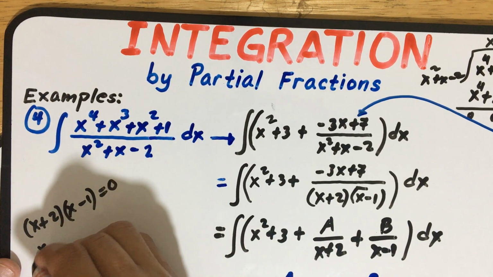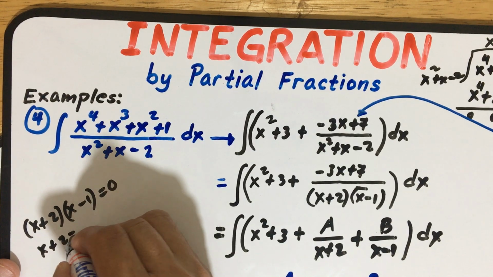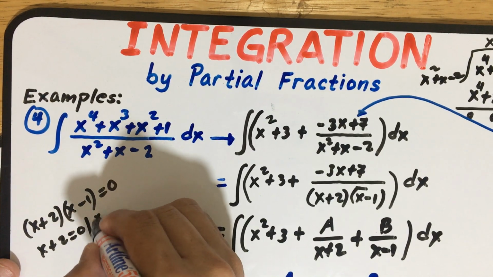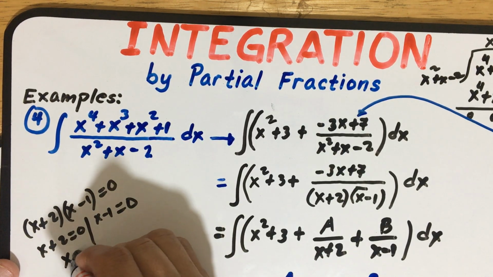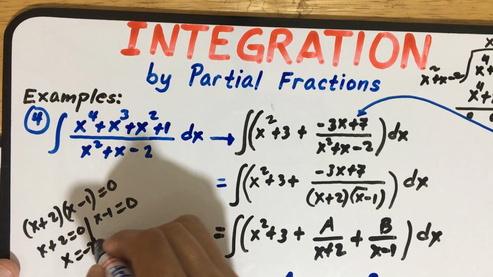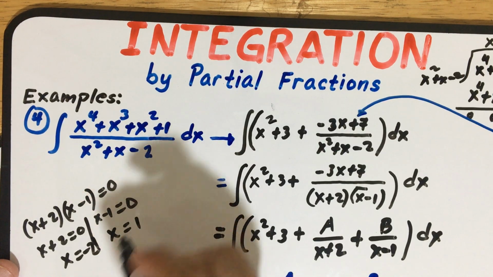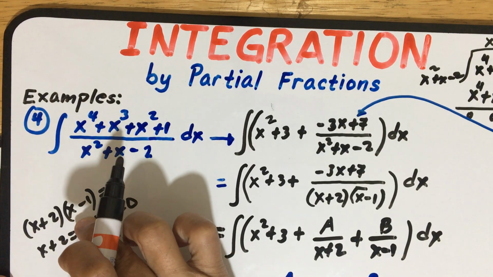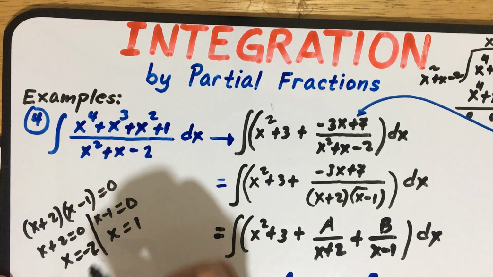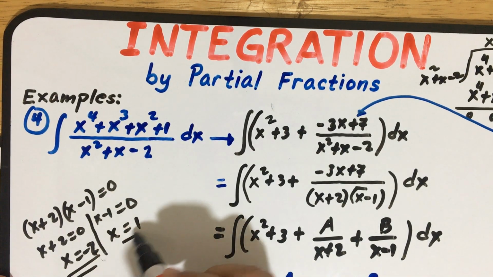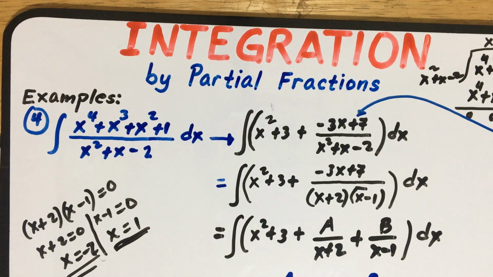So we have x plus 2 equal to 0 and x minus 1 equal to 0. Solving, x equals minus 2, and the other one, x equals 1. So we have here two values for x, and these are the values that we're going to substitute in our resulting equation.